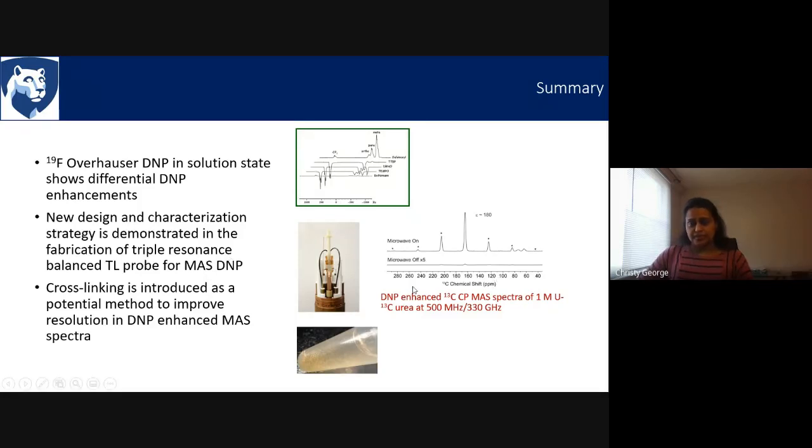With our design at 500 megahertz, on a standard sample, the best sensitivity enhancement we achieved was 180. And we introduced cross-linking as a potential method to improve the resolution in DNP magic angle spinning experiments.